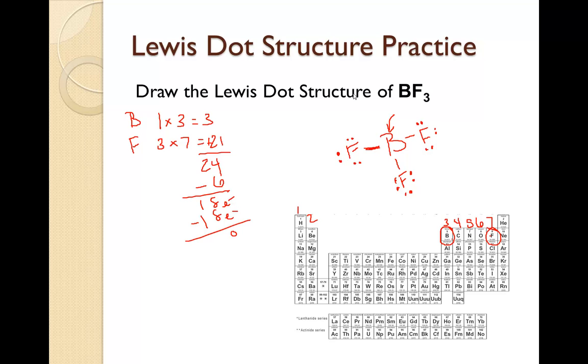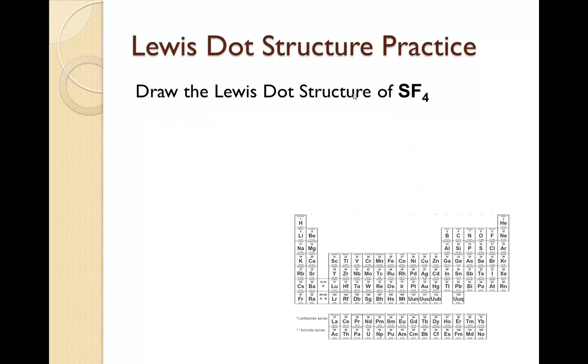We're going to try one more. And this one's going to be a little bit harder, because once again, this is an exception to the octet rule. So we have sulfur, and we have fluorine. 1, 2, 3, 4, 5, 6, 7. We have 1 sulfur, and it has 6 electrons. And we have 4 fluorine, and it has 7 electrons.